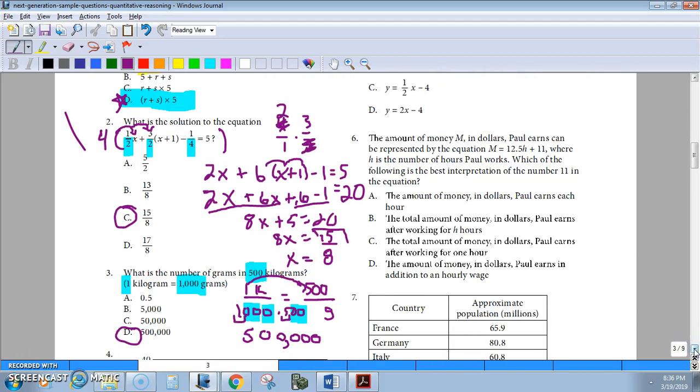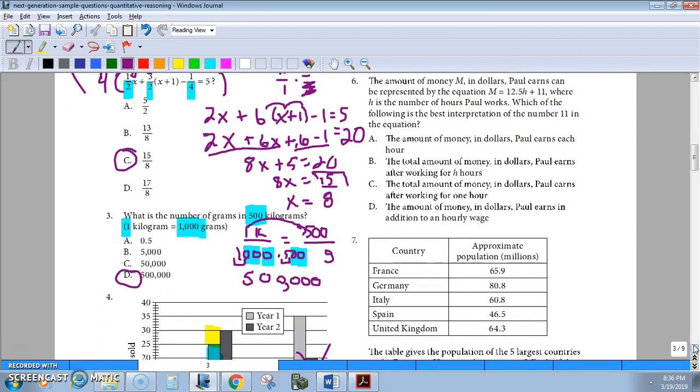All right. The amount of money in dollars Paul earns can be represented by the equation. Always pay attention to the equations. 12.5, so he earns $12.50 per hour plus $11 for whatever.